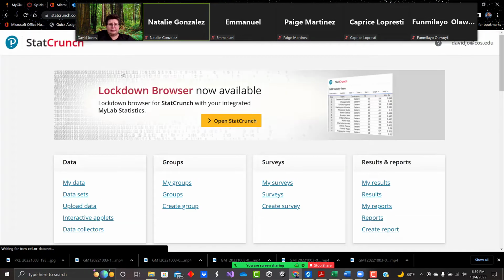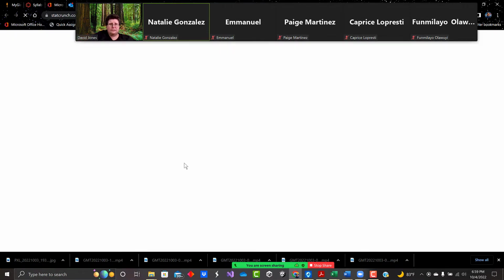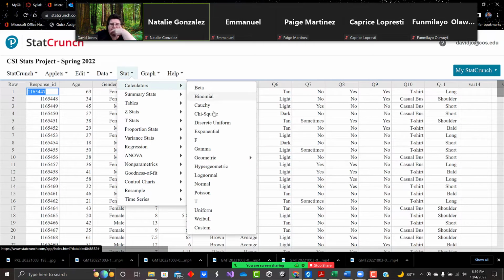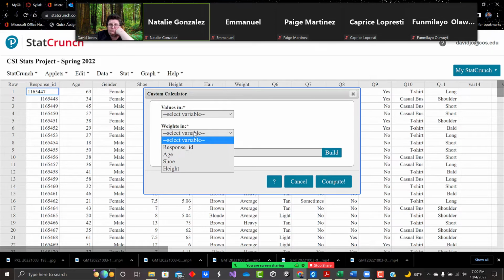So if we look at it, stats calculators customs down at the bottom. You need to values is where x goes, and weights is where the probabilities go.